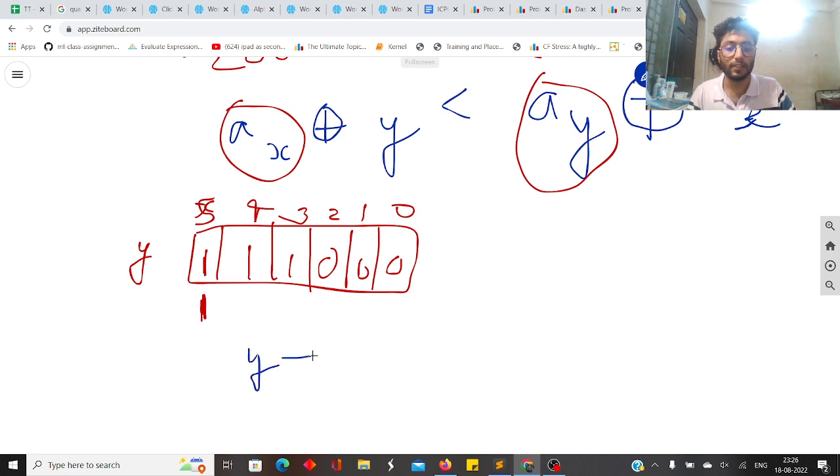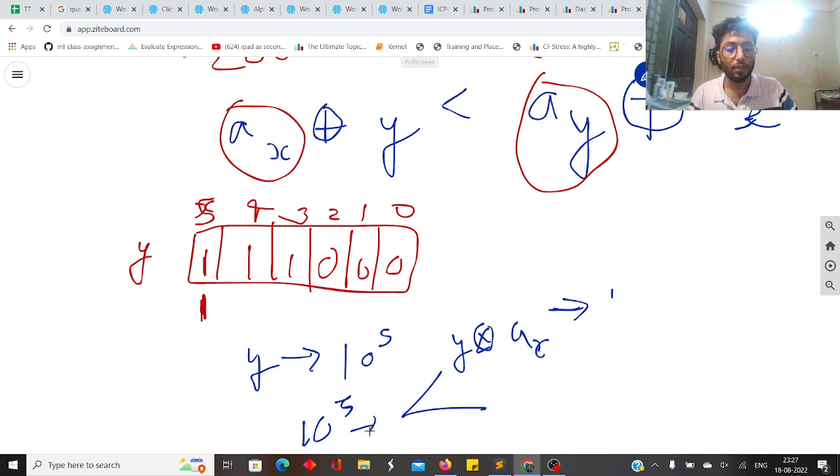So if I start with my value of y as 10 to the power 5, then after taking a XOR of y with ax, the maximum that it can be reduced by is 256. So the minimum value of this expression would be 10 to the power 5 minus 256.